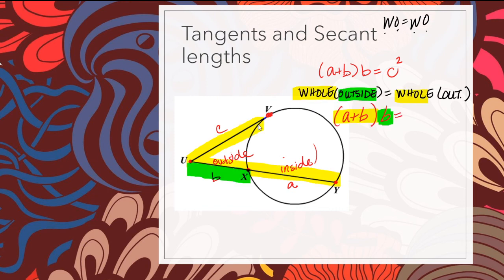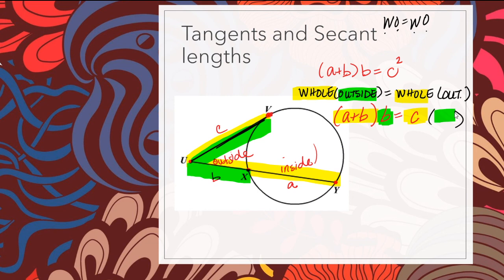So all the way from U to V, from end to end. And that's going to give you, this time, C. Well, look at that outside. If you're looking at just the outside, it's the whole thing too. Like the whole segment is outside the circle. So that's C again. That's where we get this C squared.